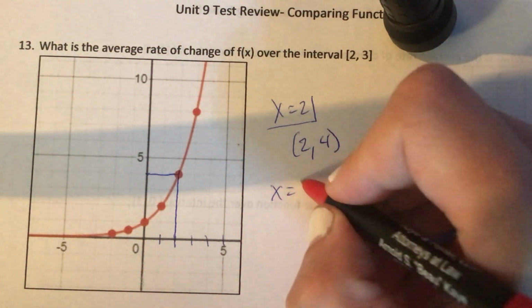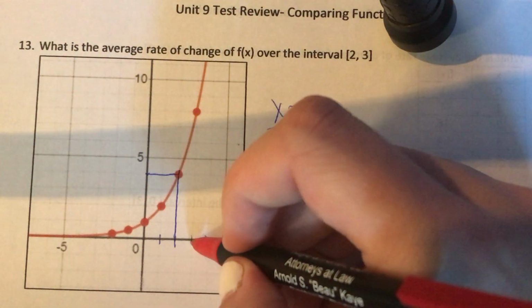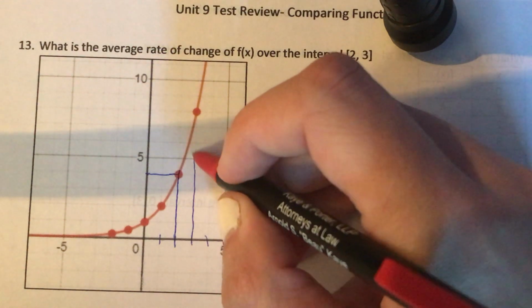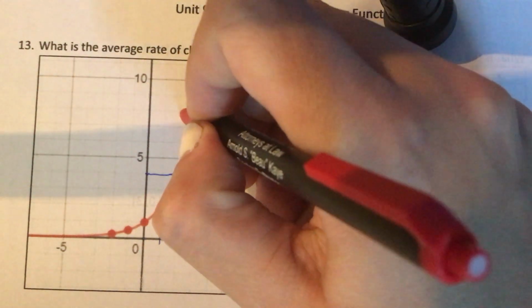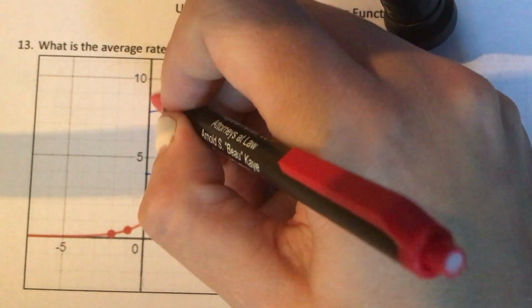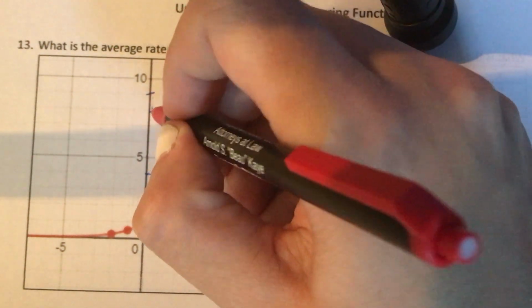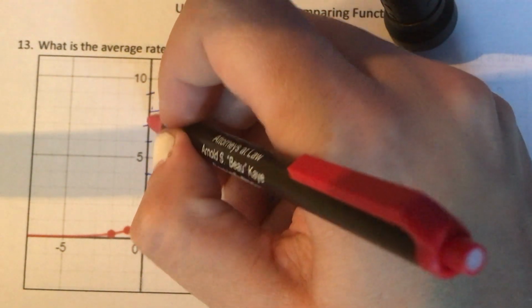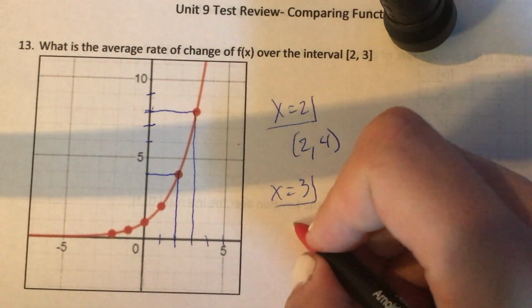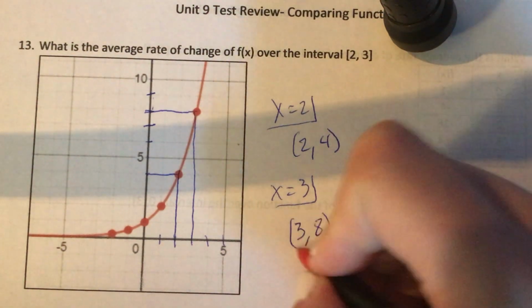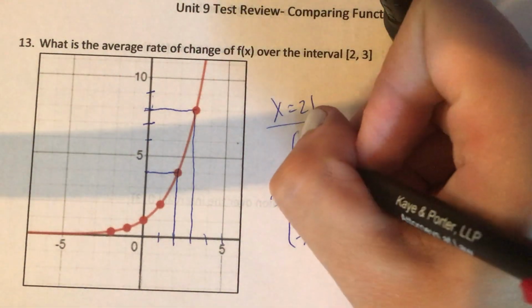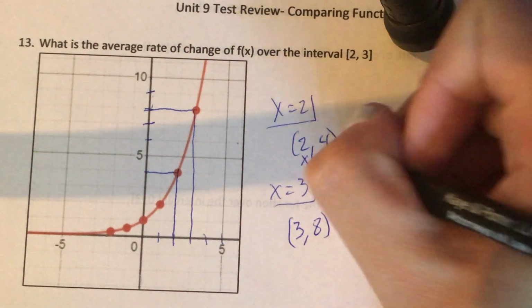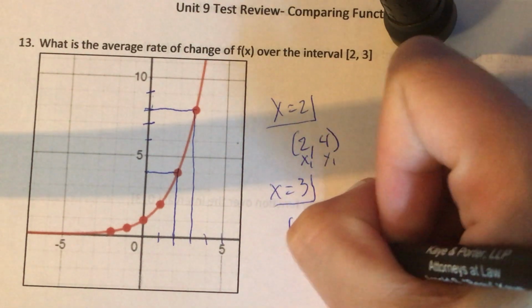Then I'm going to look where x is equal to 3. 3 is just 1 before, so I'm going to keep going up, and there should be a dot at these points. You can either look, it's 2 after 10, or 5, 6, 7, 8. So 3, 8. These are my 2 points: x1, y1, x2, y2.